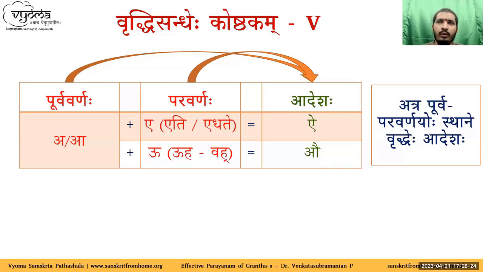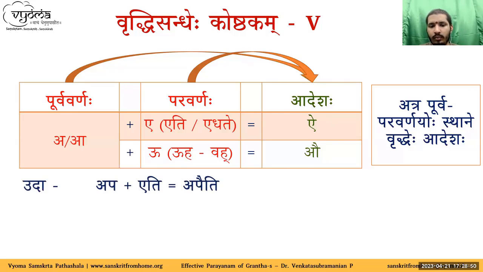So we need to keep this in mind. Whatever we are seeing today, and actually yesterday also, except that first rule, all the rules are an exception for Gunasandhi or Pararupa Sandhi.